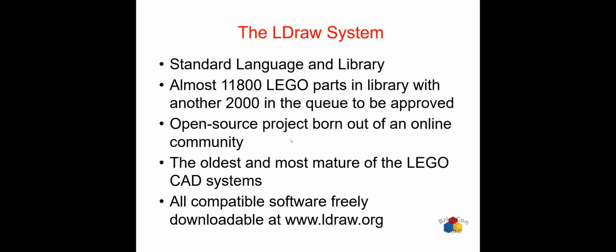All right, at last count, and that number is actually a year old, 11,800 parts. I think we're over 13,000 now. I did a quick math. It's probably about 20% of the total number of non-pattern parts that Lego has produced.